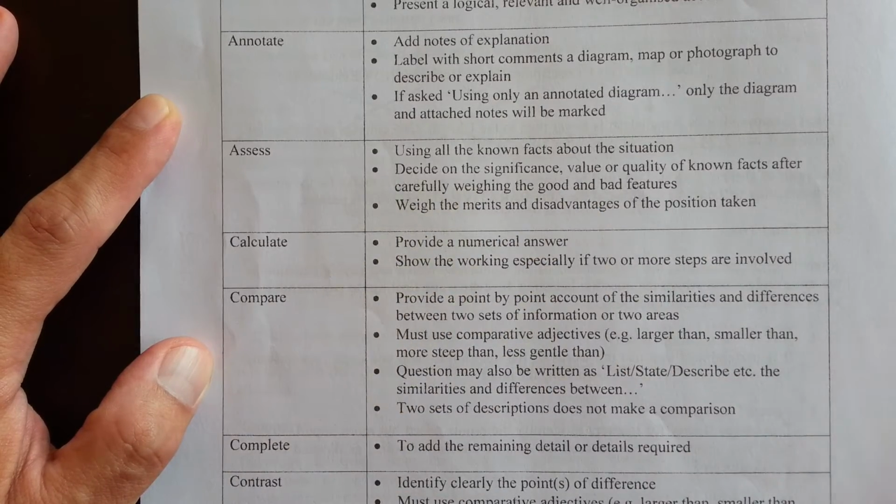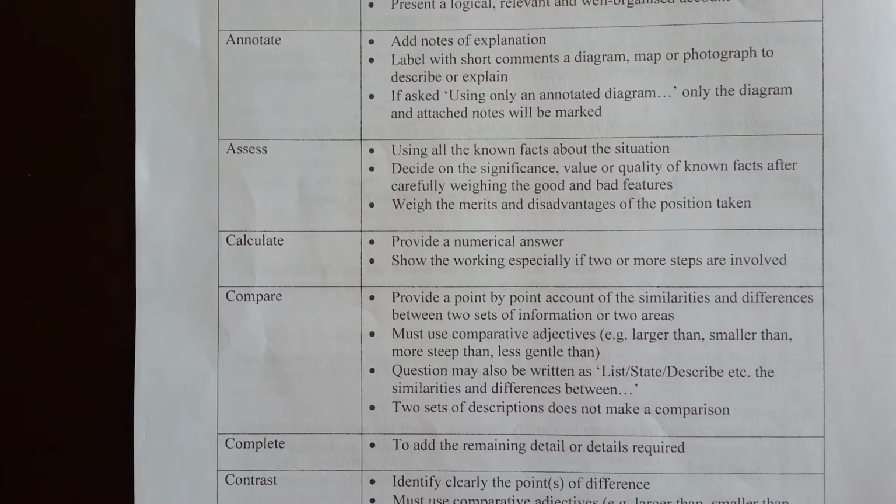Now, when the command word tells you to decide on the significance, it means you are to write a persuasive essay. Now, we all know that we can't write a good persuasive essay unless we present both sides. We need to acknowledge that opposing views exist so that we are not accused of bias, right?